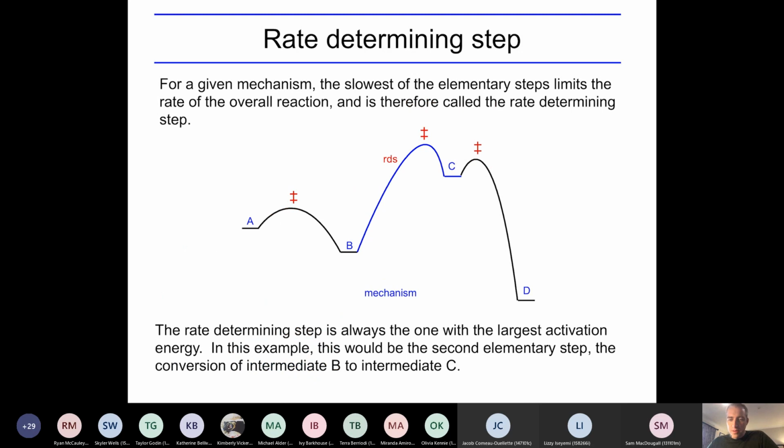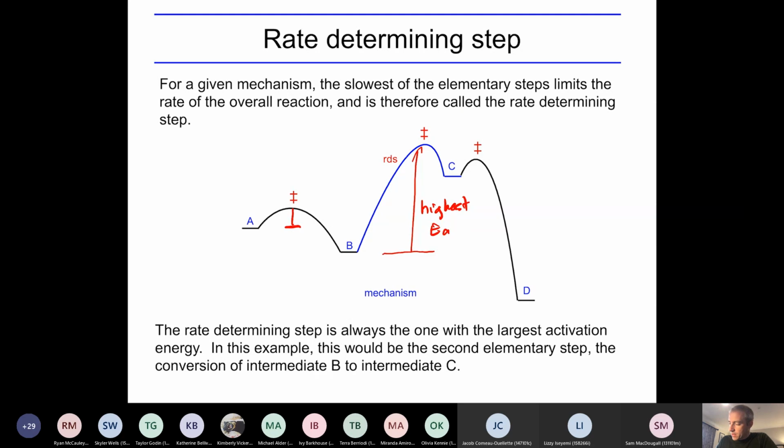Now, when you have multiple steps like this, typically one step will have a slower rate than all the other steps. And if that's the case, we call this a rate determining step. And in this example, B to C is the rate determining step. And we know it's the rate determining step because it has the highest Ea.